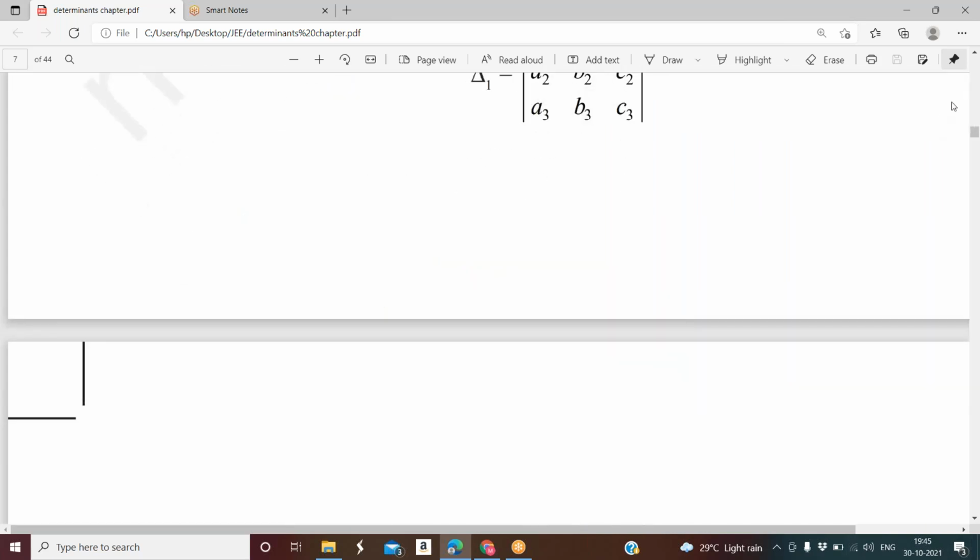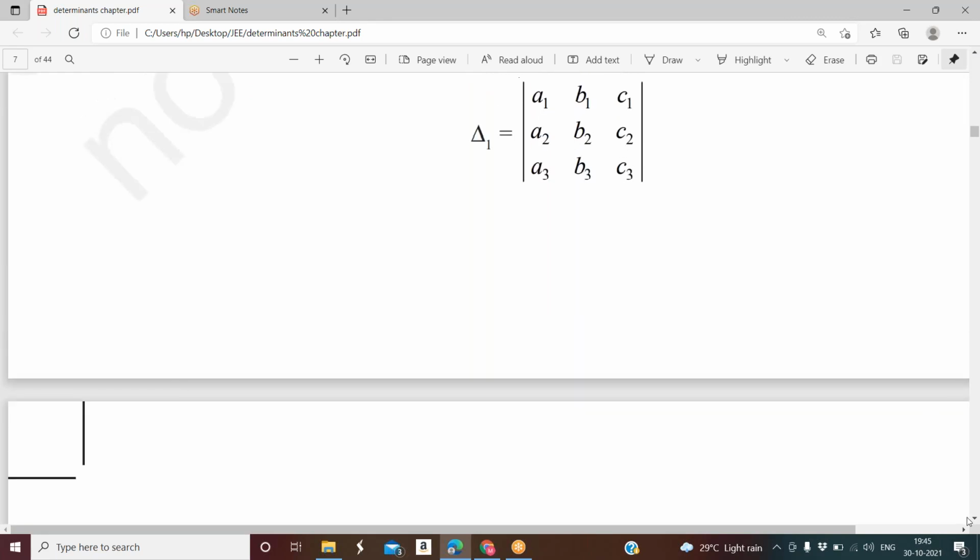So now they are evaluating the determinant given in delta 1. What will you get? A1 into B2 C3 minus B3 C2. Then when you consider B1, you'll be getting minus B1 into A2 C3 minus A3 C2. When you consider C1, you'll be getting plus C1 into A2 B3 minus A3 B2.